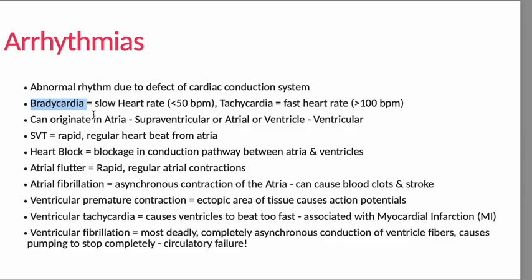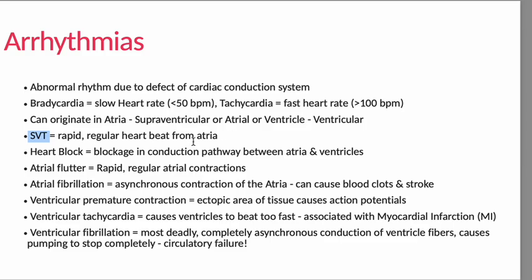This can start in the atria, so we would call this atrial or supraventricular. Supra means above, so we would call this a supraventricular arrhythmia, or a ventricular arrhythmia, associated with the ventricle. So a supraventricular tachycardia, an SVT, is a rapid, regular heartbeat from the atria.